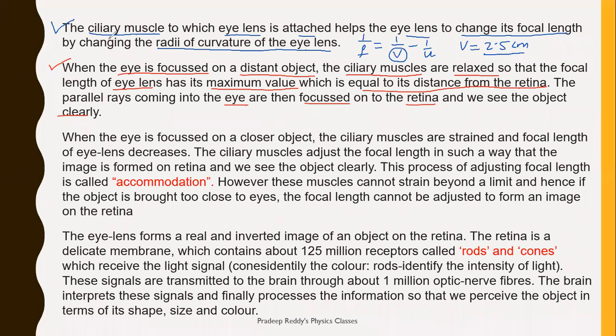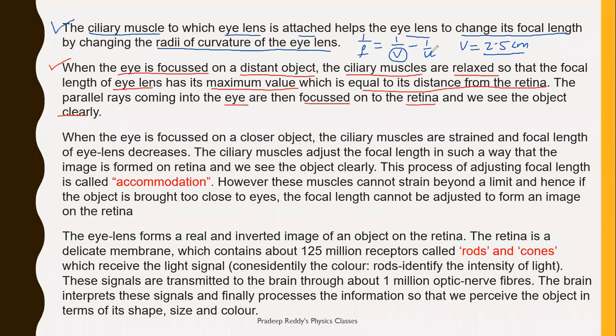So the first point is that ciliary muscles adjust the eye lens such that its radius of curvature changes. And the second point is when the eye is focused on a distant object. Distant object means the object is placed at a farther distance. If the U value is increasing, the object distance is increased, and the ciliary muscles are relaxed.